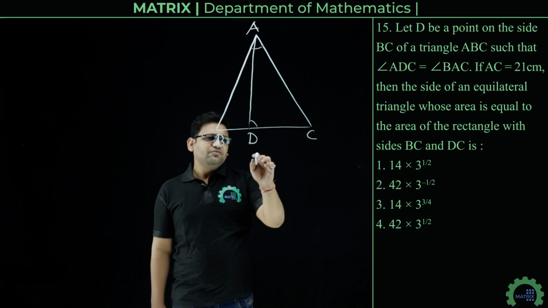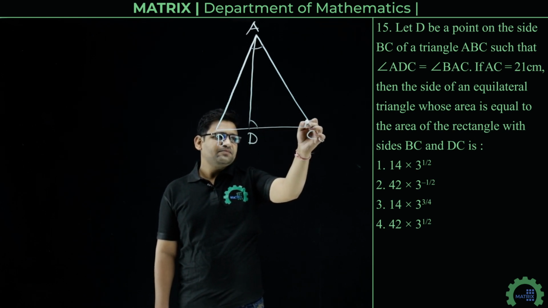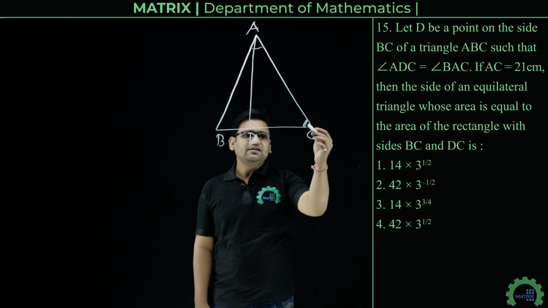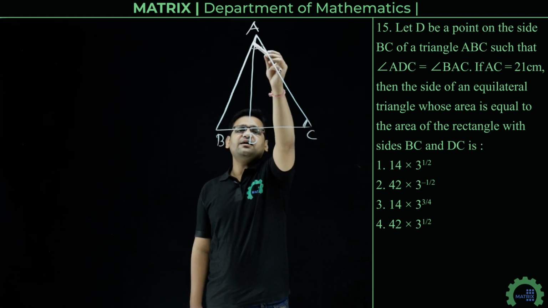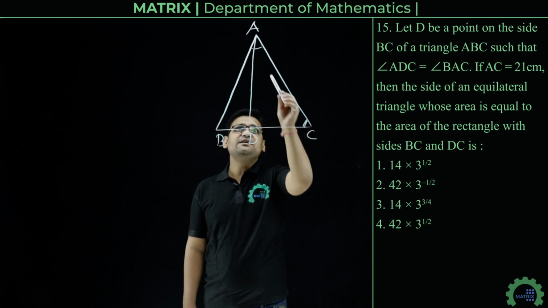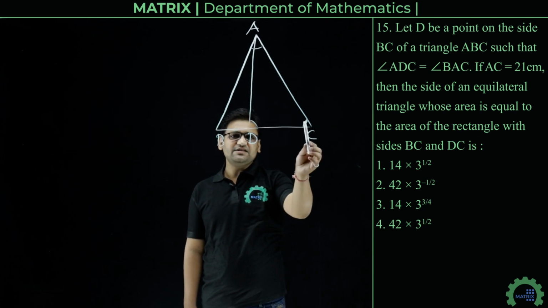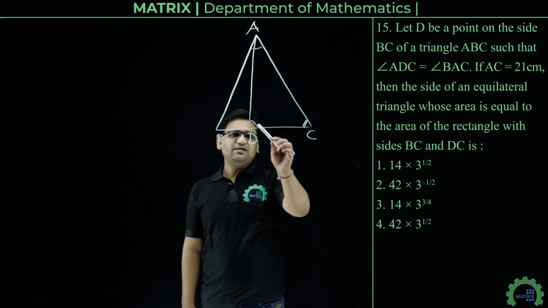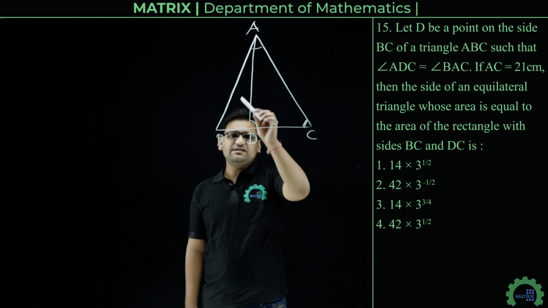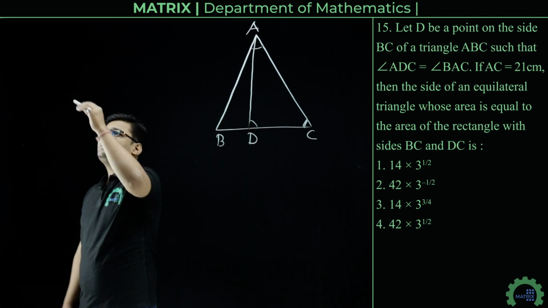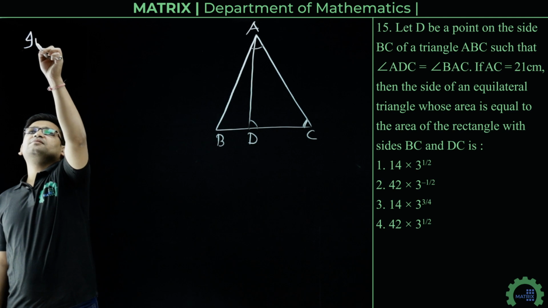Alright, so we can say that triangle CDA will be similar to triangle CAB, as angle C is common in both the triangles, and angle CDA is equal to angle CAB.